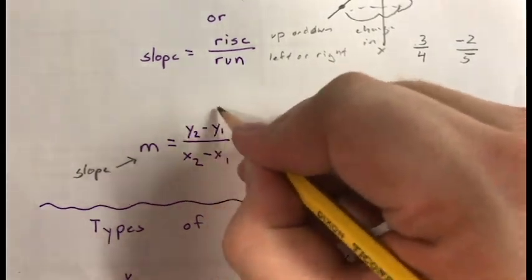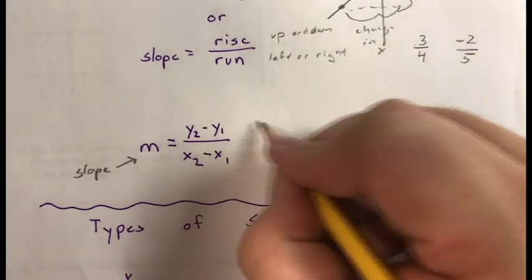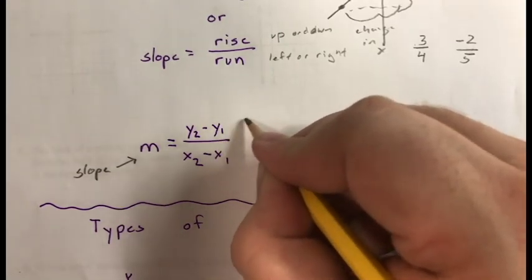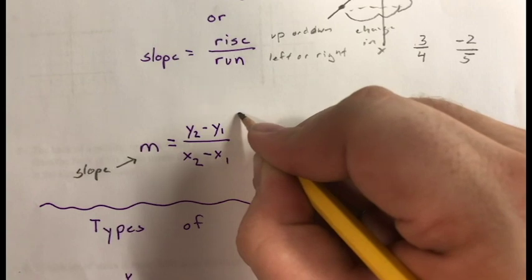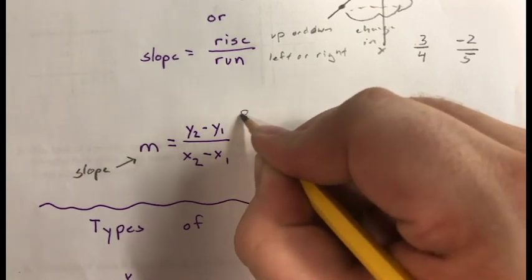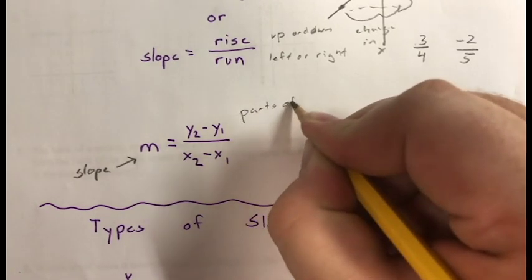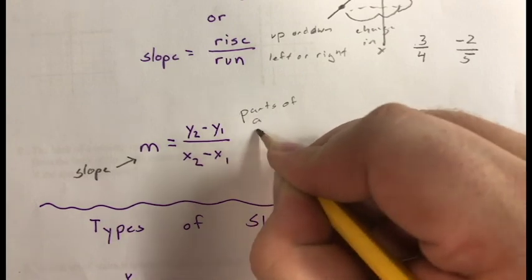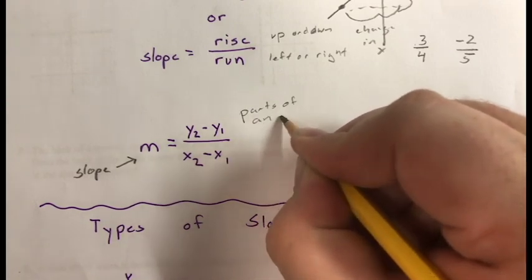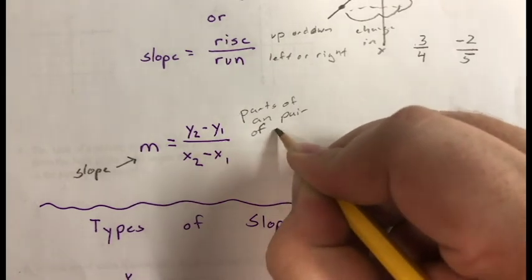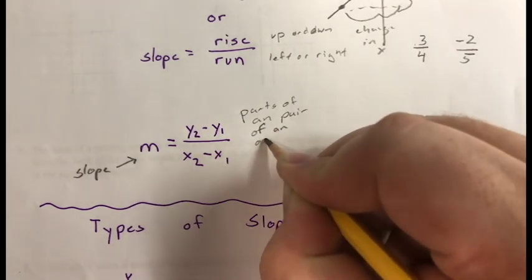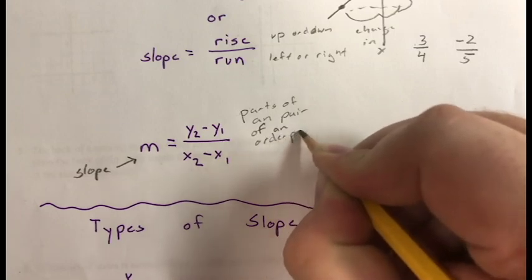And these are the parts of an ordered pair. That's not a really good way of saying that, Mr. Lewis, but it's the best way I can think of it.